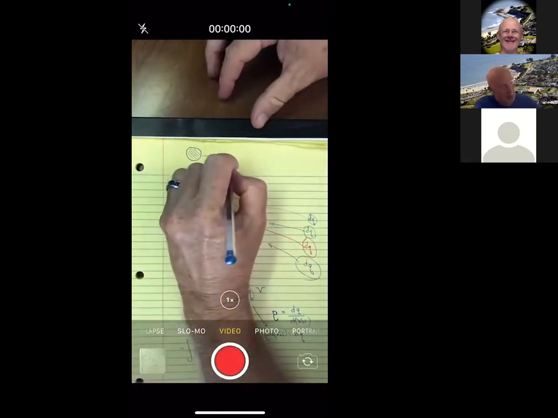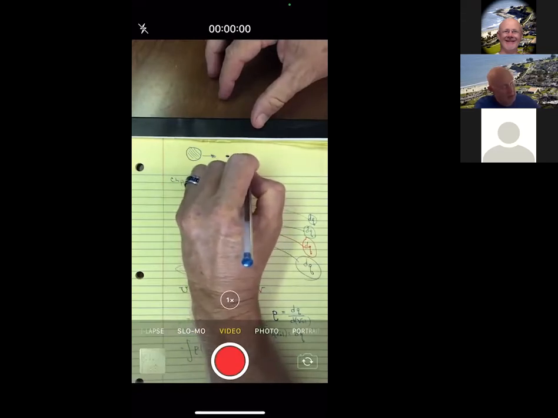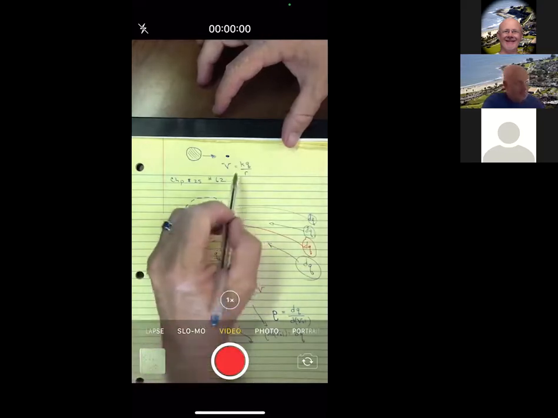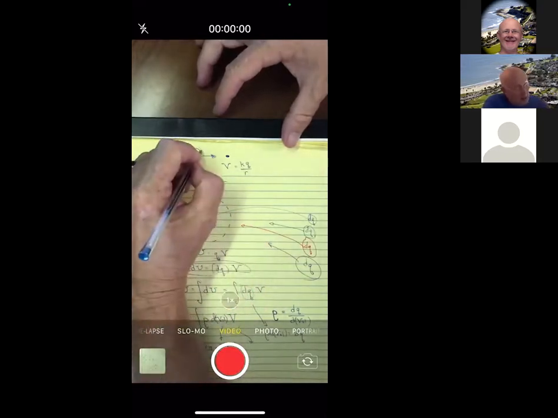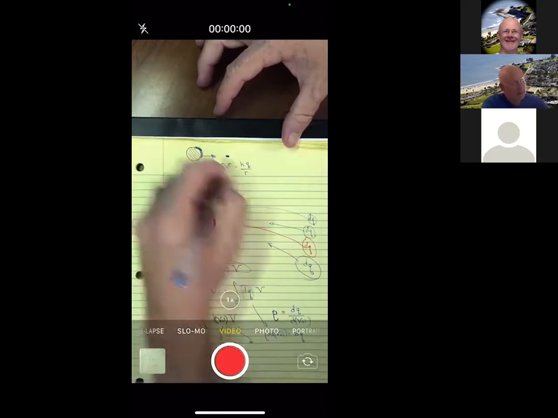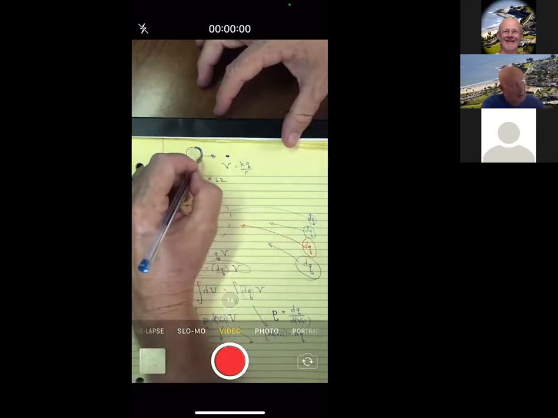And so it would be Coulomb's constant times Q over R, where R would be the radius of that ball. That would be the potential right at the surface.